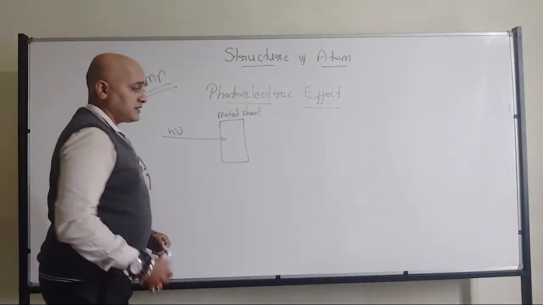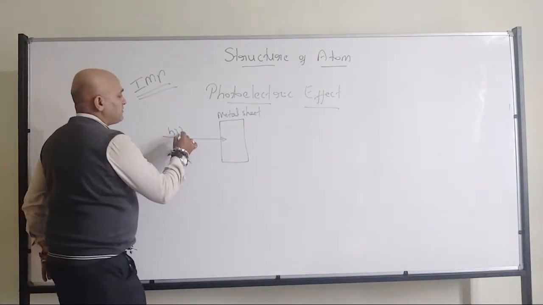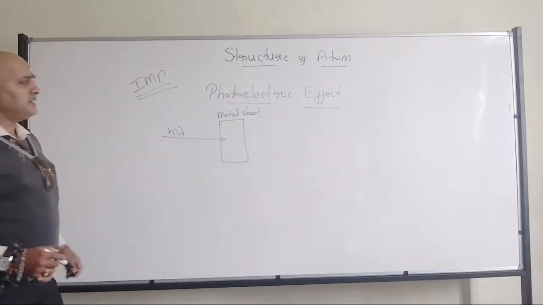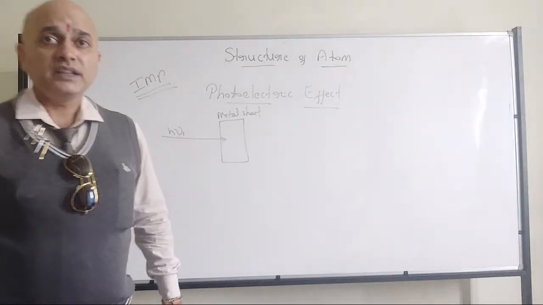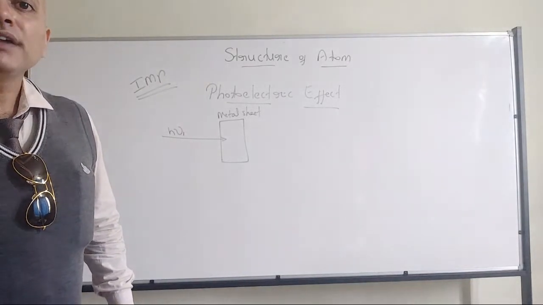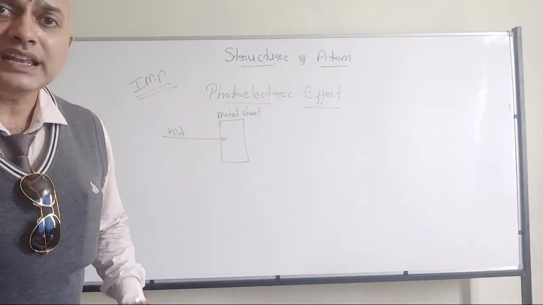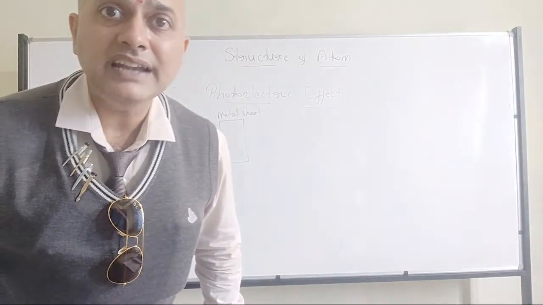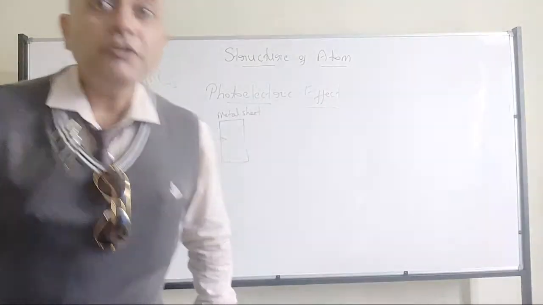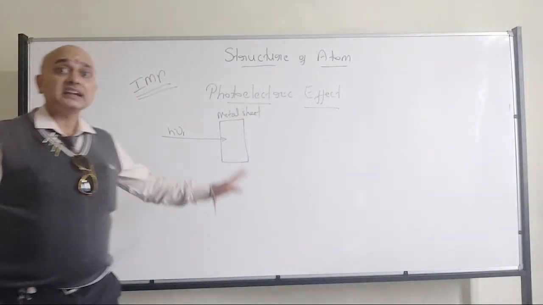For example, we have h nu 1, that is one type of radiation for which this metal was exposed. During that time, we cannot observe any movement of electrons from the metal sheet. It is something related to light and electricity. We are going to discuss exactly what it means.